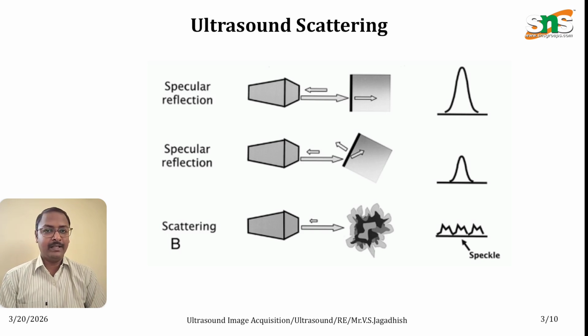We could not figure out what kind of image it is, what organ or region it is, or what shape it actually is. The acquisition of that kind of signal leads to noise or artifact, which we call speckle. So these are the three different types of reflection and how they affect image formation.